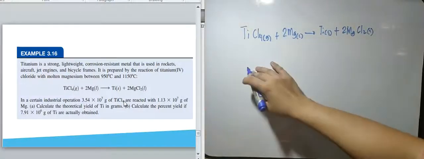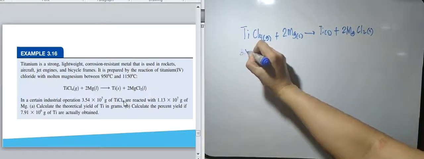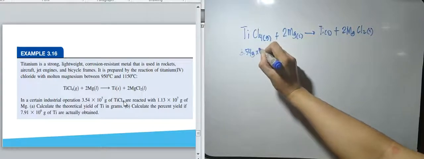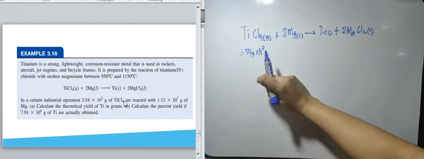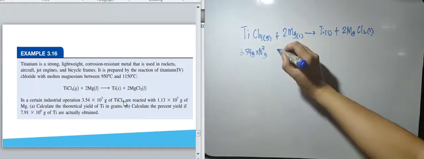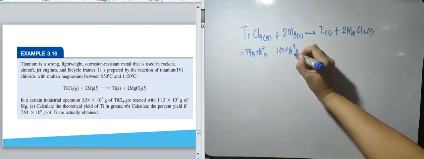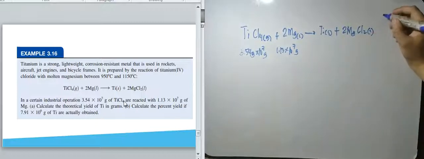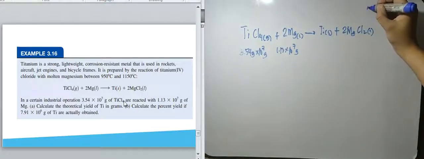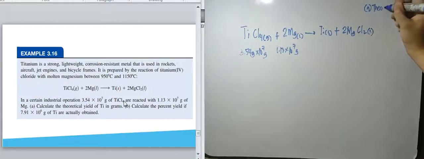So we have here 3.54 times 10 raised to 7 grams, and we have here 1.13 times 10 raised to 7. So our unknown is A, theoretical yield of the titanium.